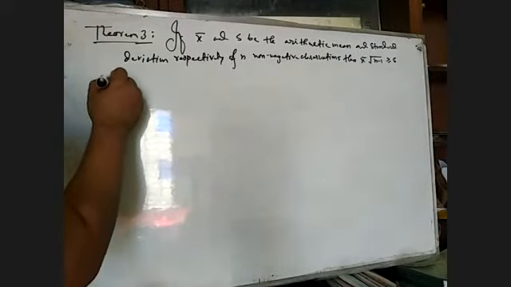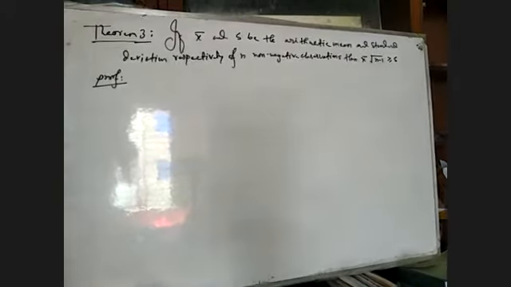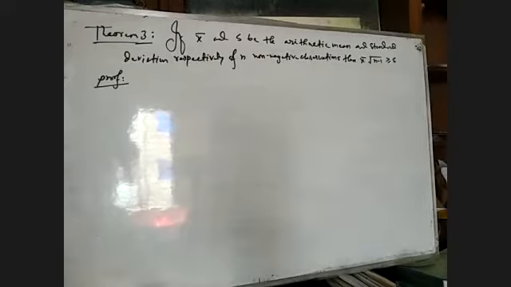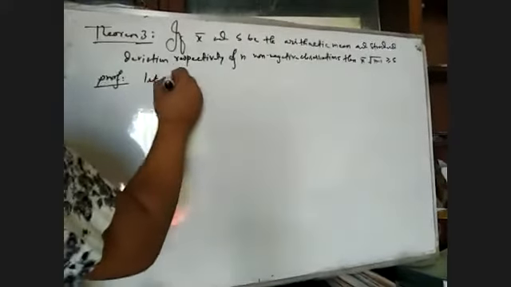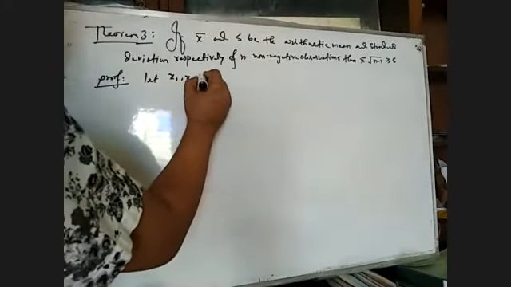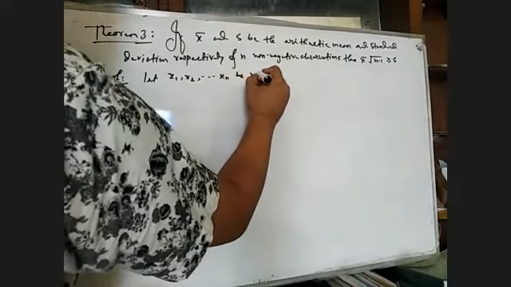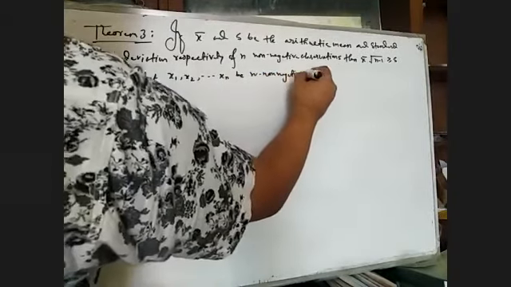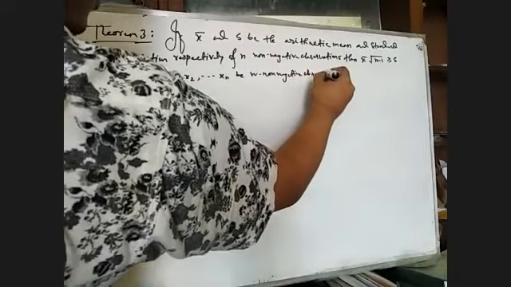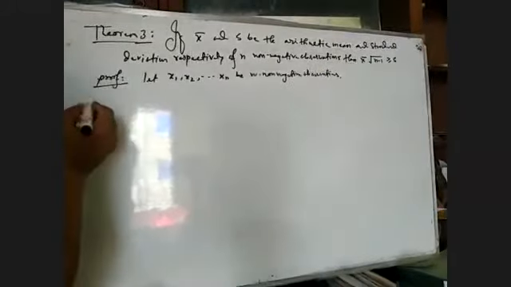Now we are trying to prove this one. So let x1, x2 up to xn be n non-negative observations. There are n number of observations.